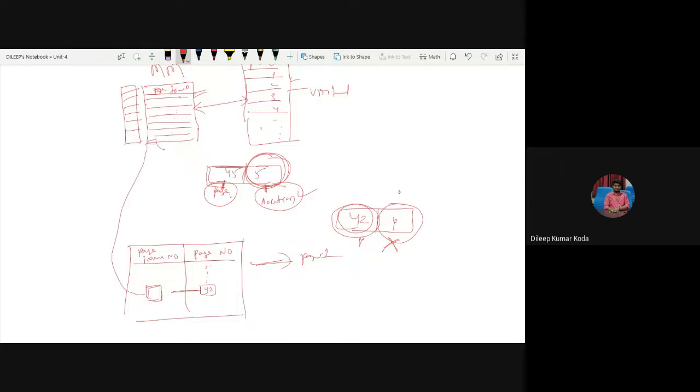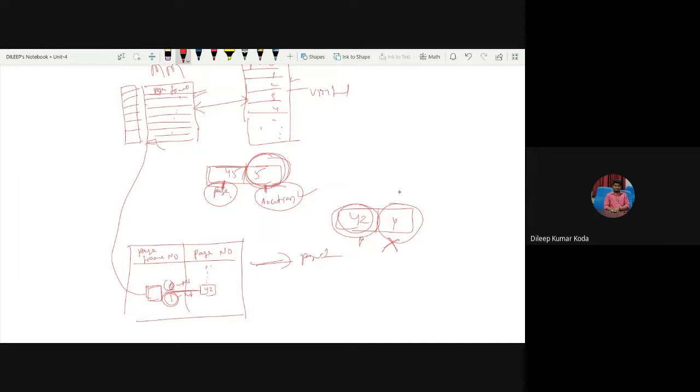Of course, first the value is either 0 or 1. 0 means there is no page, there is no page frame. If there is a value 1, it means your page exists. In a simple way, 0 means miss, 1 means hit.